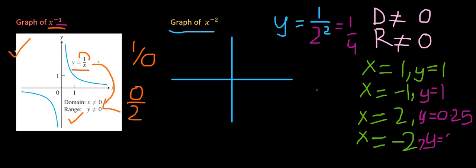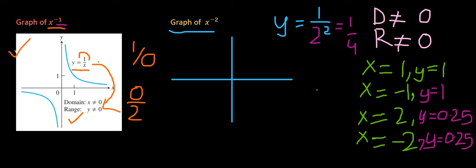So after putting all the ordered pairs in our graph, we will get a simple figure that shows the graph of x raised to power -2. So you can see that we should not put the value of 0 and 0.